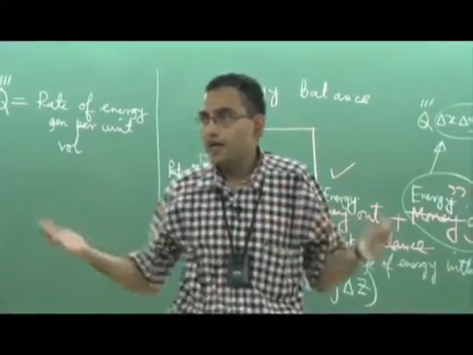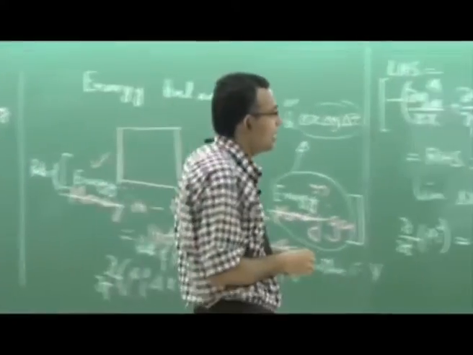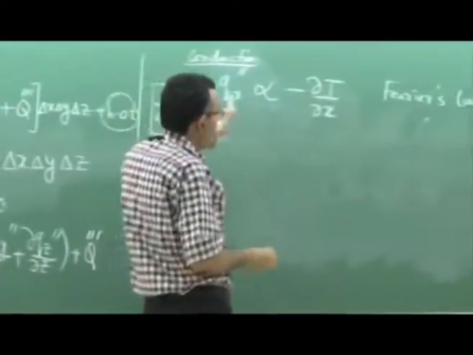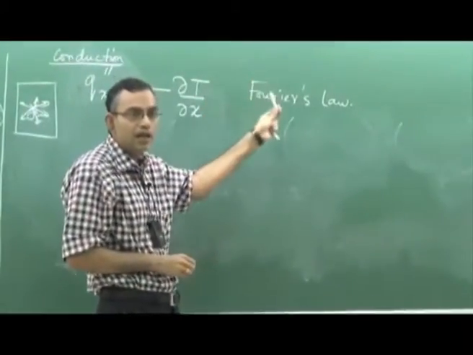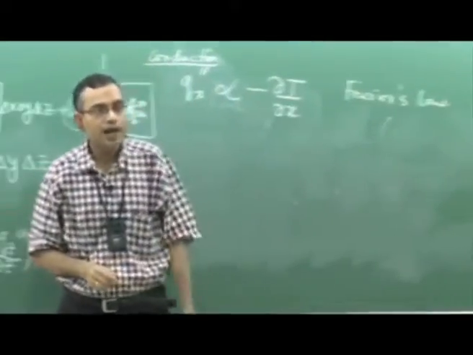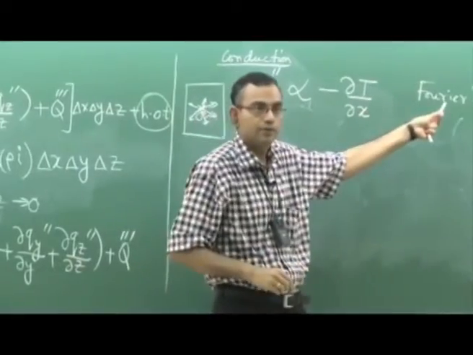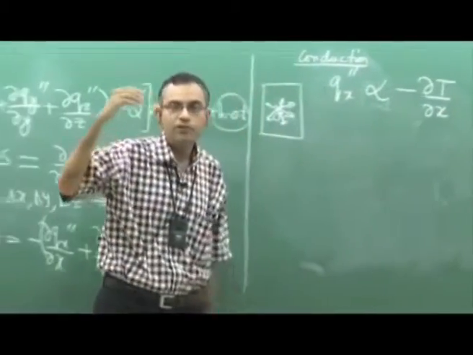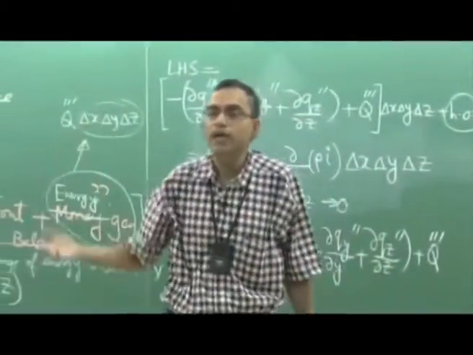So there are various possibilities when the temperature disturbance within the material propagates at a finite speed, and then Fourier's law is not applicable. Those types of situations are called non-Fourier heat conduction.